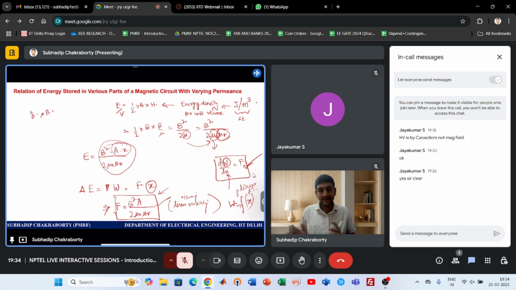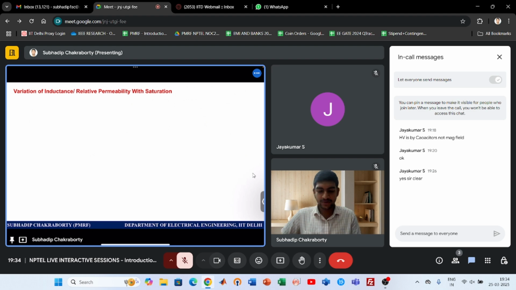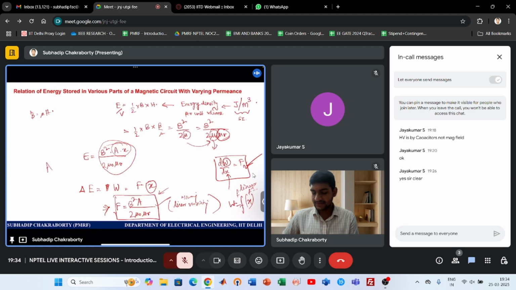We will derive that equation, and if it is linear, then we can directly divide. Otherwise, we have to differentiate. That is the whole point, right? Because if some form of work is AX, and you divide by X to get the force, then force is A. How did you get it? You just did the differentiation, right?